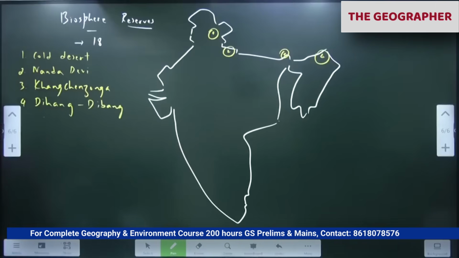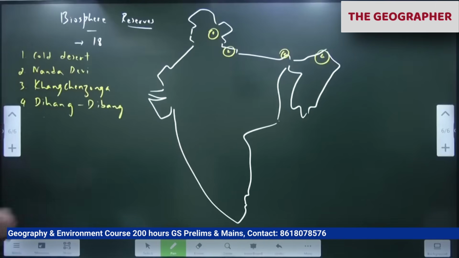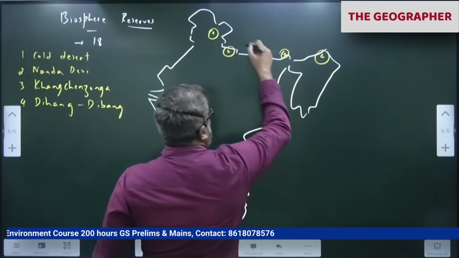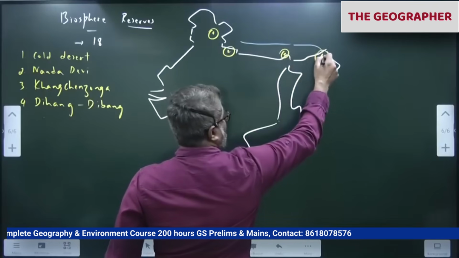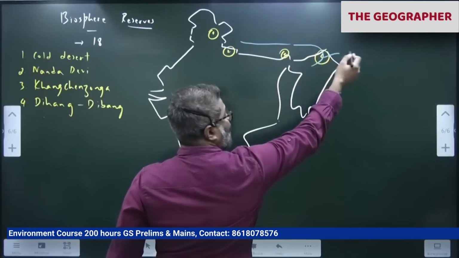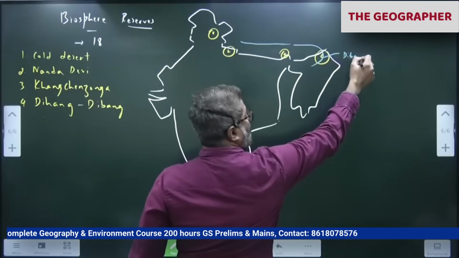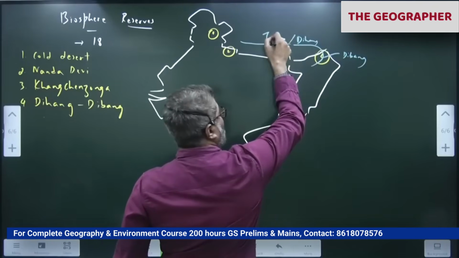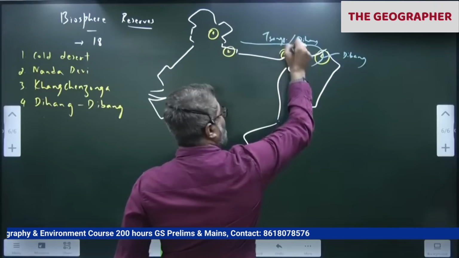Dihang is a name in Arunachal Pradesh, if you all remember. Dibang is a tributary that comes from the left here. From this side the river comes. Brahmaputra is going like this. Dibang is coming like this. This is Dibang. This is Dihang, Brahmaputra or Sangpo. Clear?